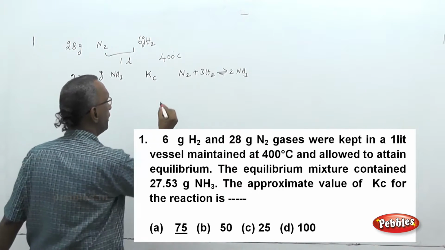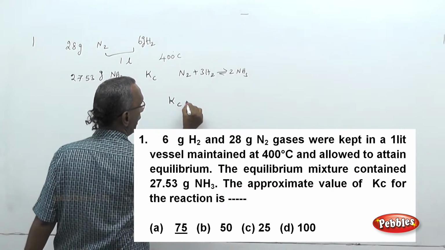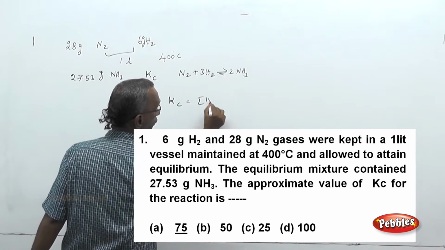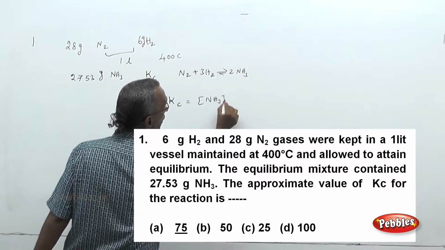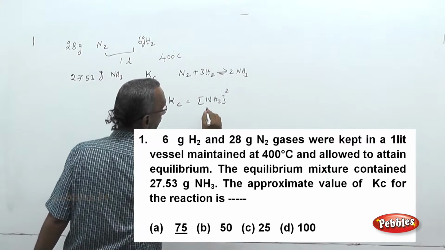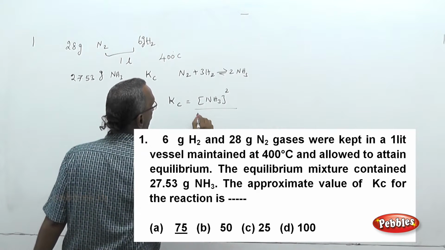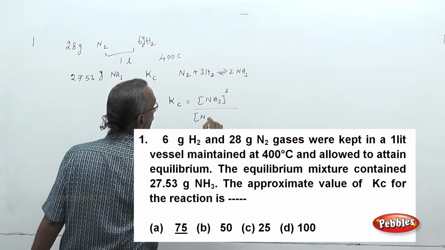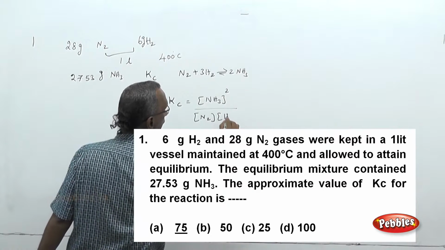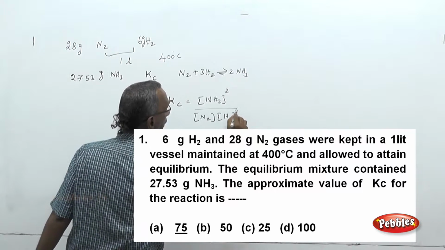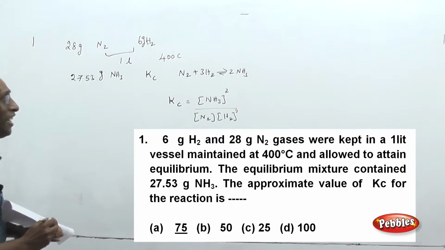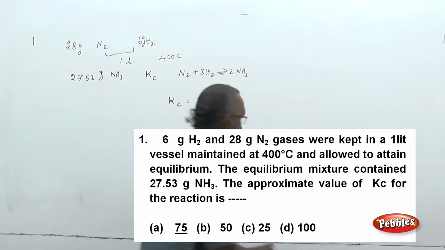So first, the expression for equilibrium constant Kc equals product concentration, ammonia raised to its stoichiometric power 2, divided by reactant concentration, nitrogen into hydrogen raised to its stoichiometric power 3, H2 cube.